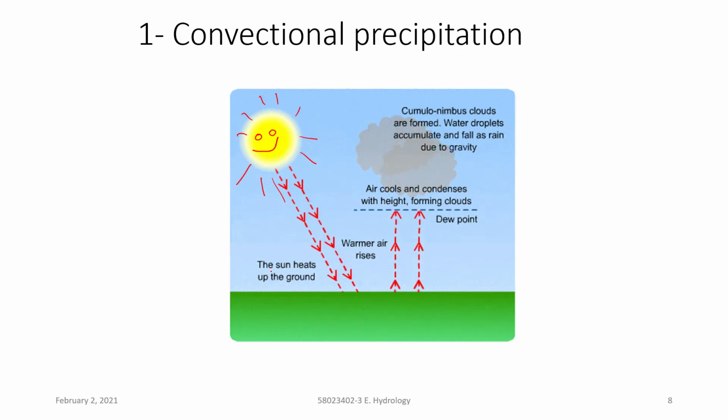The sun heats the ground and the air, and the warmer air rises up, and after a certain level, which we call dew point, the air starts to cool and condenses the water vapors into water drops, and they form cloud.